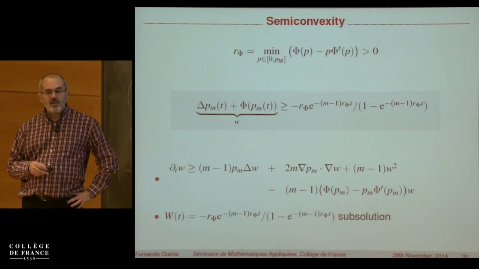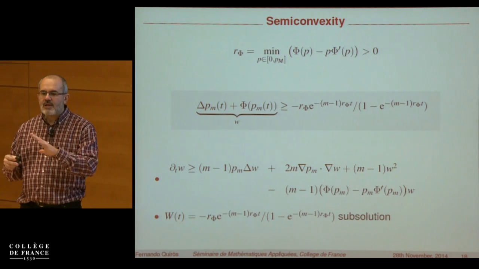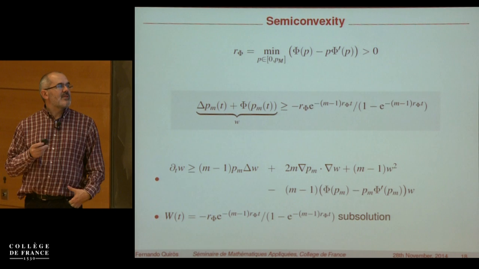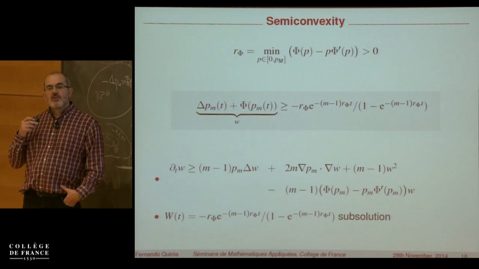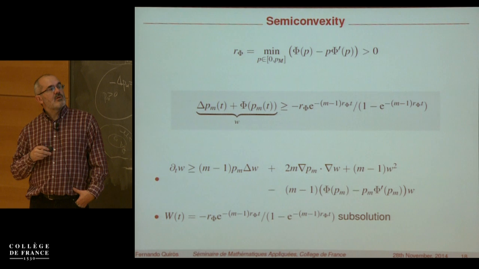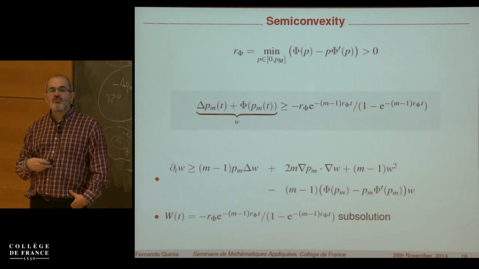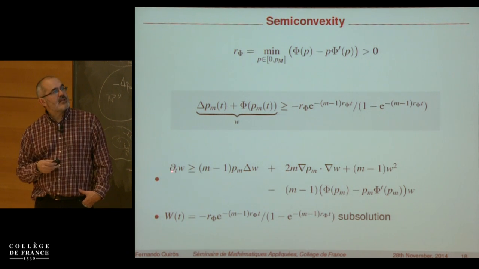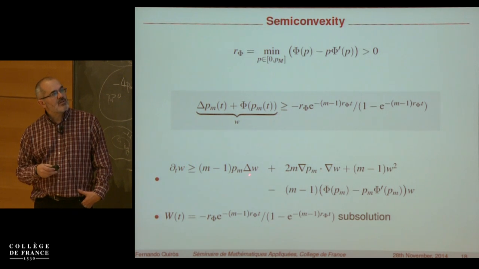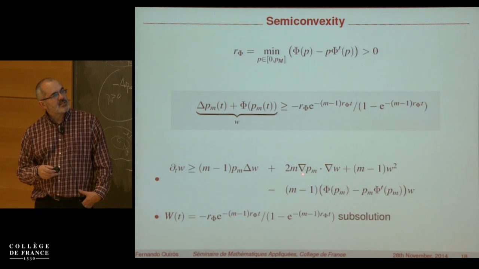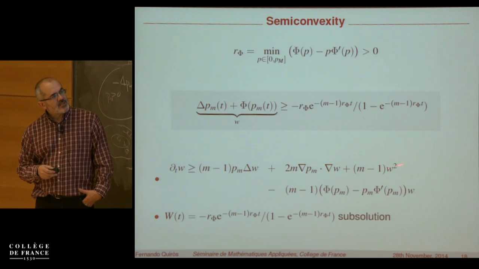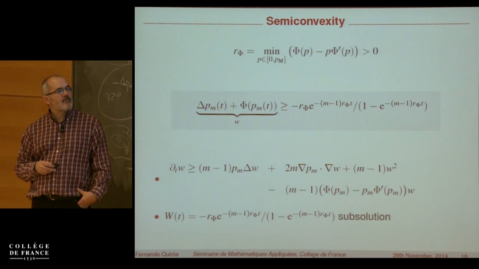Okay. So how is this proved? Of course, you have to do all kinds of regularizations, but the thing is that you compute the equation for the W, and there are some terms which have a sign. You drop them. And then, in the end, you get that the W is a supersolution of a certain equation, where P can be regarded as a frozen coefficient, and all these things are frozen coefficients, so you have an equation for the W. And here you have a term with W squared, that's nice.